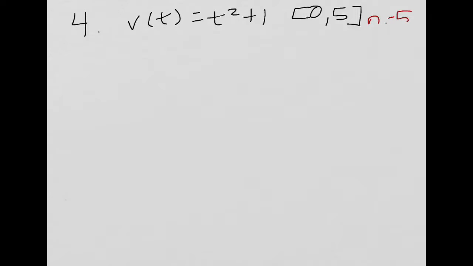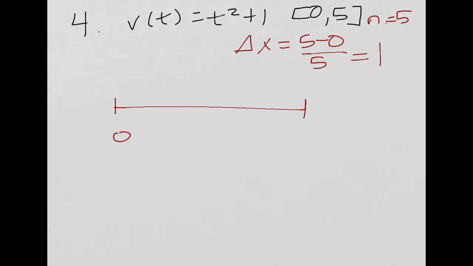So number 4, kind of the same deal. So it's asking you to use this equation to go from 0 to 5 and use 5 rectangles determined by the midpoint. So really basically the same thing. 5 rectangles, so delta x 5 minus 0 over 5, that'll give me a width of 1. So I go from 0 to 5, so 1, 2, 3, 4.